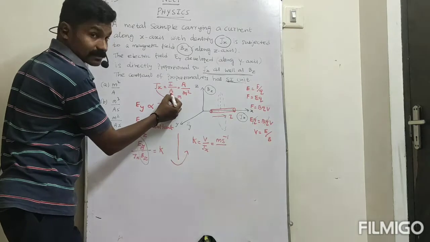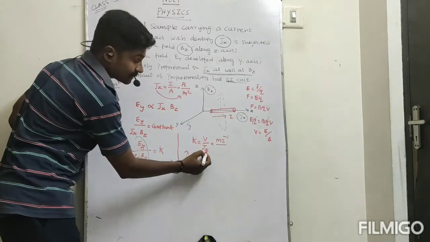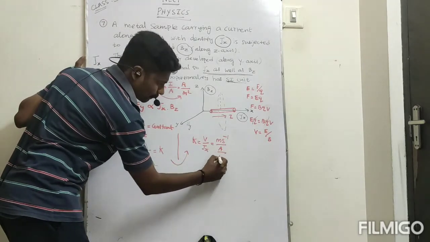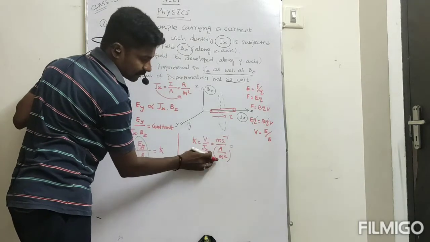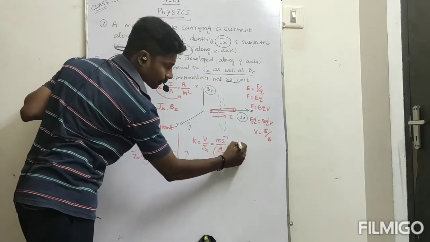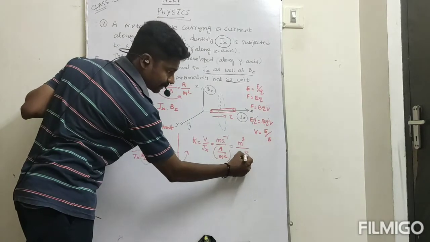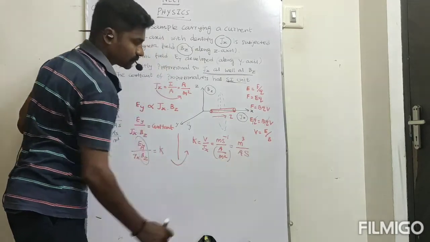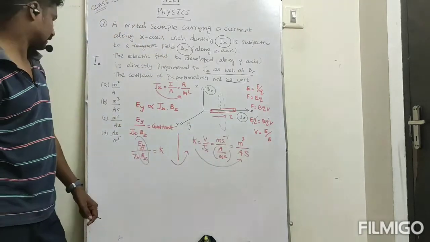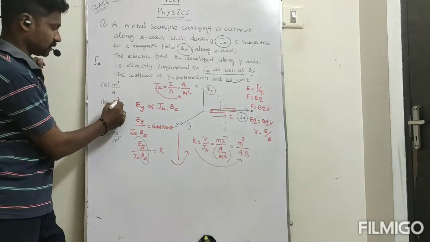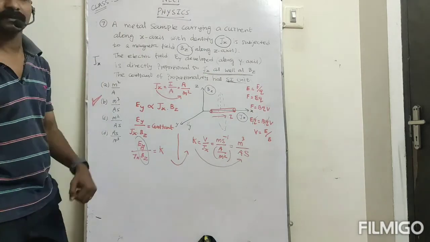So Jx is ampere per meter square. Therefore, meter is already there, meter square moves to the numerator and becomes meter cube, then s to the power minus 1 moves down and becomes s, and A is already there. So the unit of this constant is meter cube divided by ampere second. This matches option B, so option B is correct. Okay, thank you.